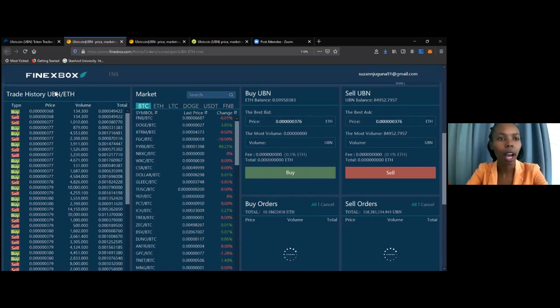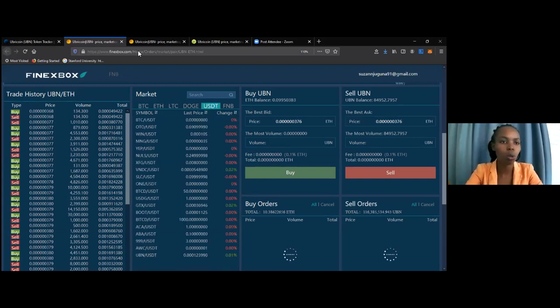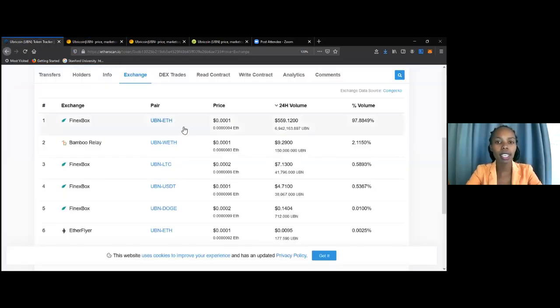Unless we have any questions, I don't think there is something else I would like to cover. But you can see here, we have been having millions of Bitcoins as volumes here on etherscan.io, but today we have 6 million in the UBN ETH market, meaning that there is not much activity going on in the market. So kindly let us bring our friends to this market so that they can buy Bitcoin as the price is low.